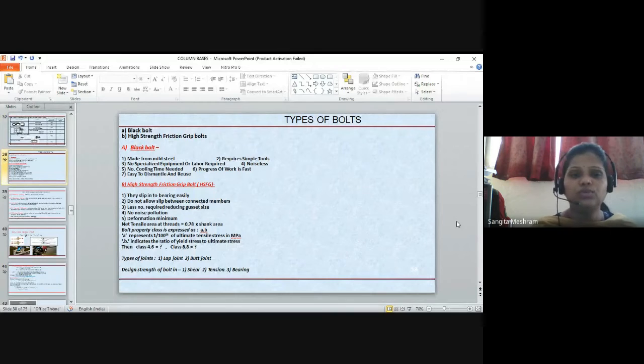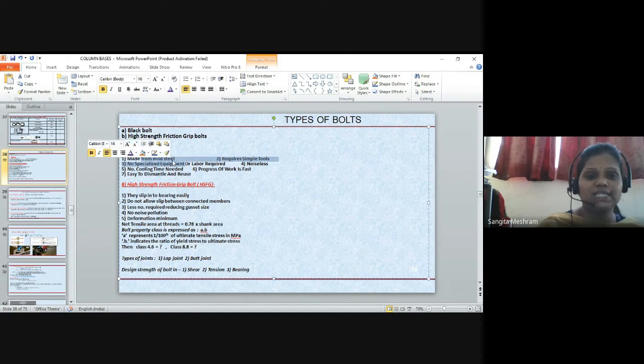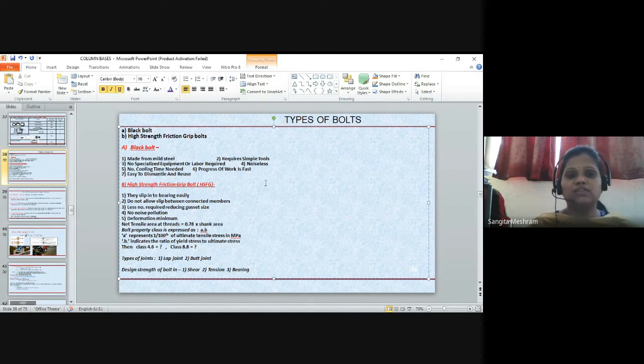Then there are different bolts we are using: black bolt or high strength friction grip bolt. Black bolt is made from mild steel. For the connection of a black bolt, it requires simple equipment or simple tools, so it can be easily inserted, with no specialized equipment.